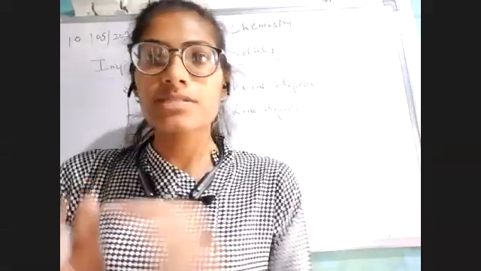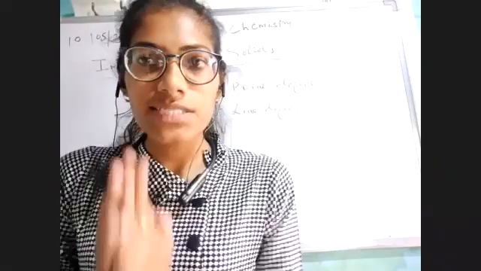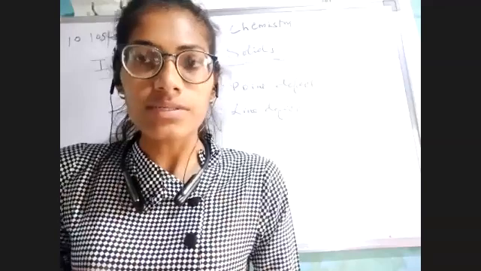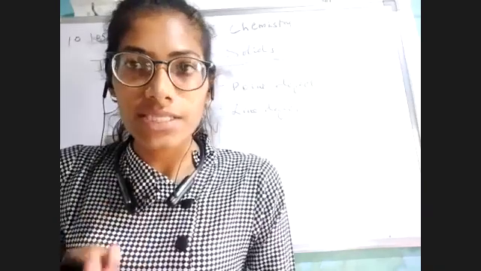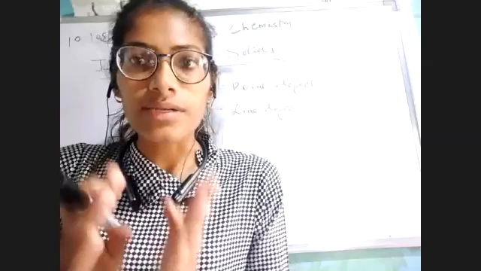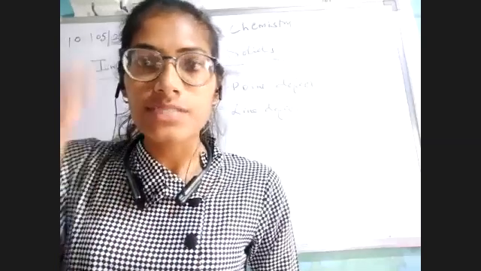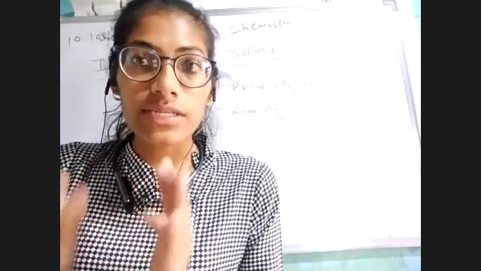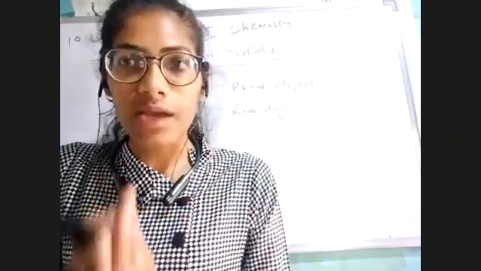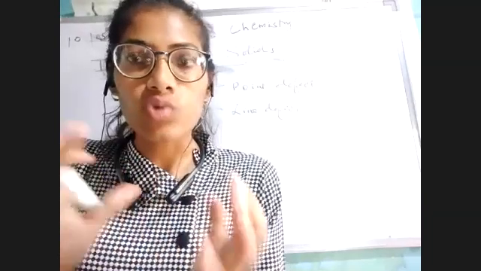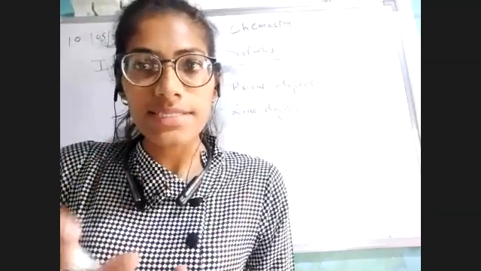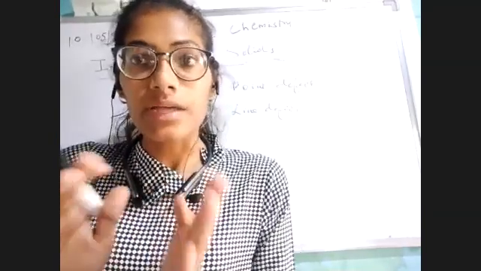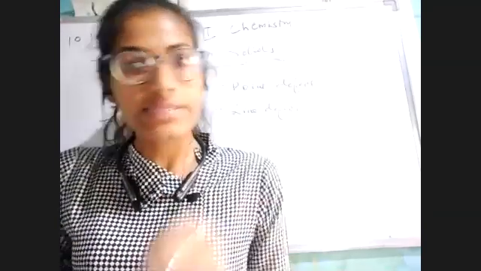Okay, so let's start. What we have studied till now in our solid state, we have discussed 4 to 5 lectures in which we have studied what actually a solid state is, what are the different types of solids. We have studied a table in which there are some unit cells, and we have studied that there is some packing efficiency which describes that yes, the solids are perfectly arranged, but there are some spaces present in between them in the form of voids like octahedral and tetrahedral voids.